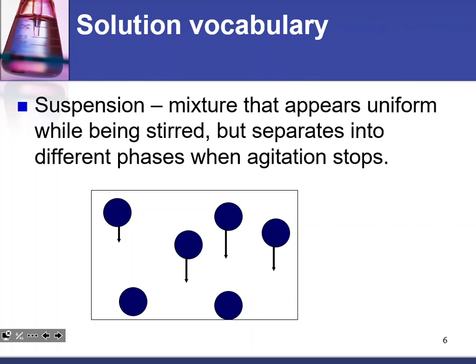You stir muddy water, it looks like brown liquid, but if you set it aside, you'll end up with a clear liquid on top and the brown solid mud on the bottom. Okay, so suspensions are ones where the particles fall to the bottom.